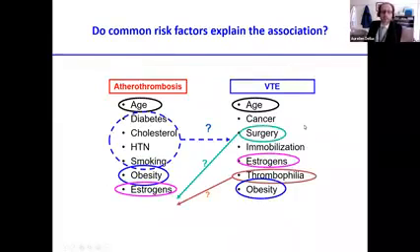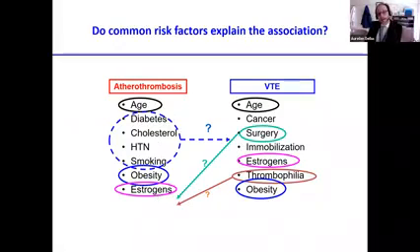Some VTE risk factors may be associated with a higher risk of symptomatic atherothrombosis, such as thrombophilia or surgery. And what about the traditional cardiovascular risk factors for atherothrombosis and their association with venous thromboembolism? We're talking about statins today, lipid-lowering drugs.